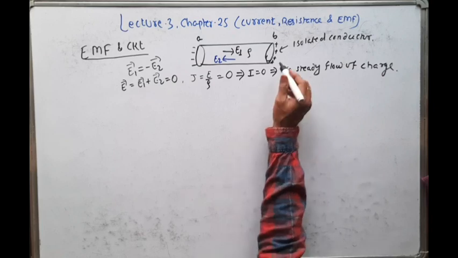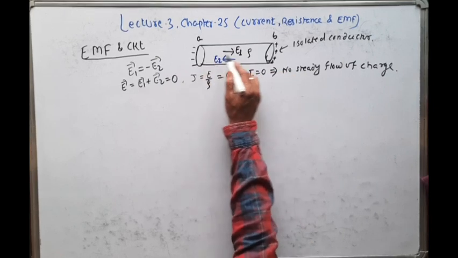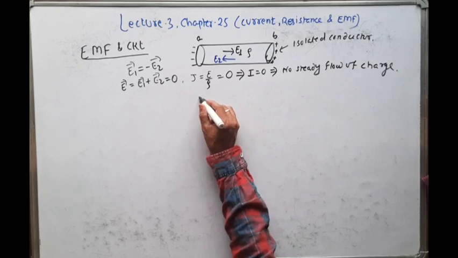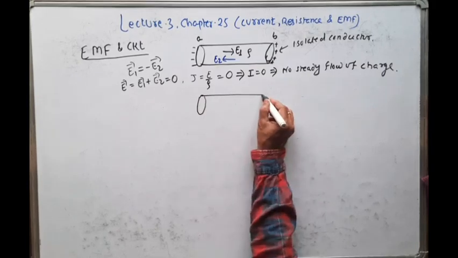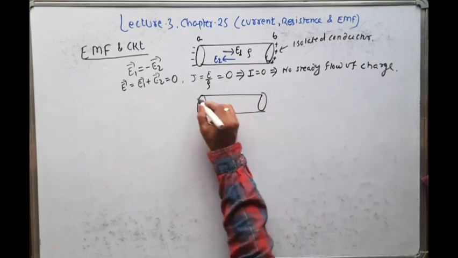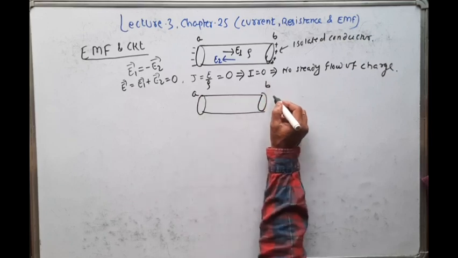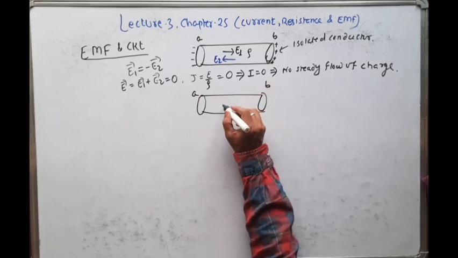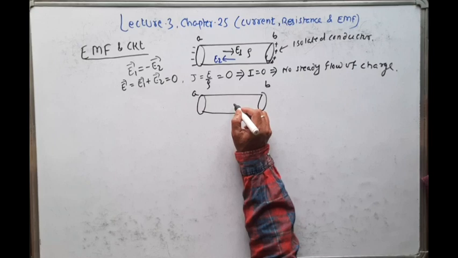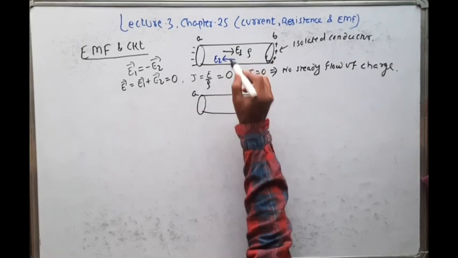Now you see, this is the isolated conductor. Now, same conductor, here you see this is A, this is B, and here what was the net current? Net current is 0 due to the total electric field being 0.